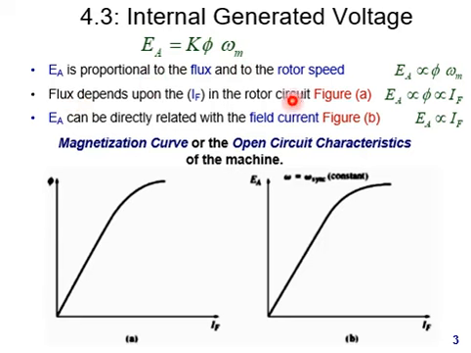But we know that flux depends upon I of F. Flux depends on the current, so if we apply the transitive property, we can say E of A is directly proportional to the flux and flux is directly proportional to I of F. It means E of A is directly proportional to I of F.